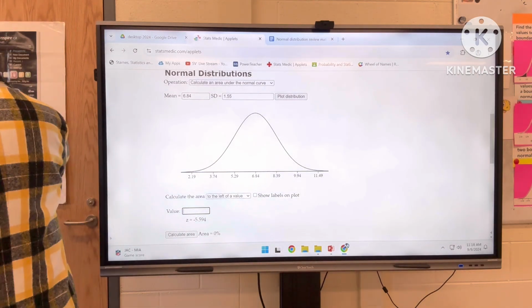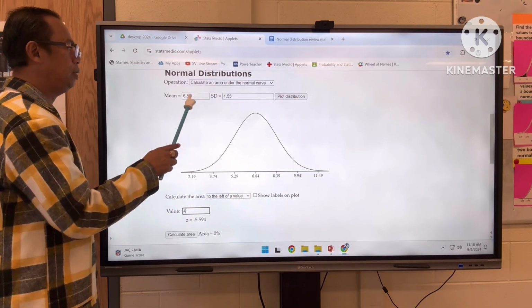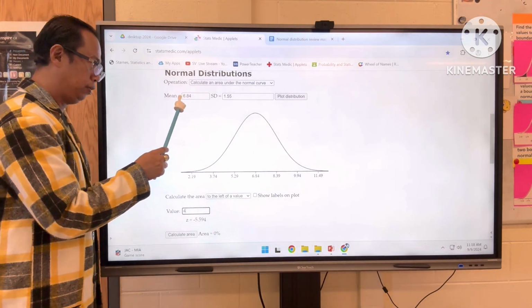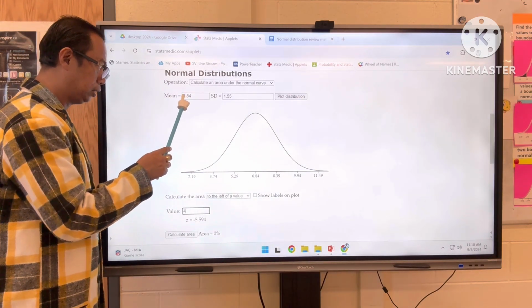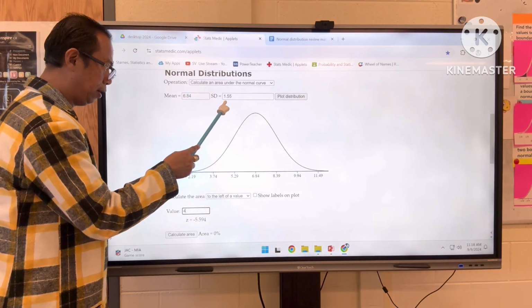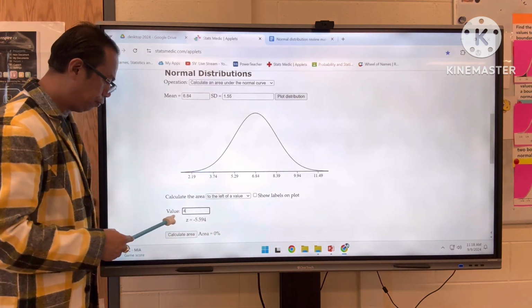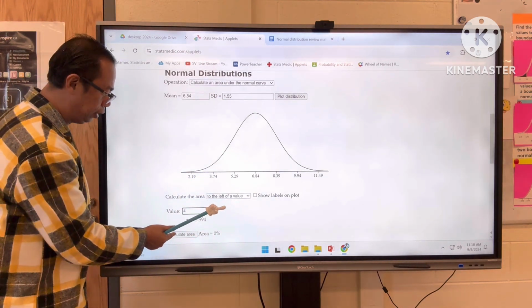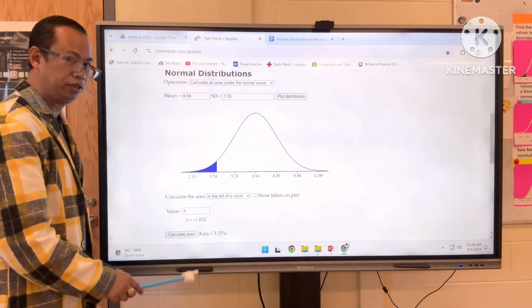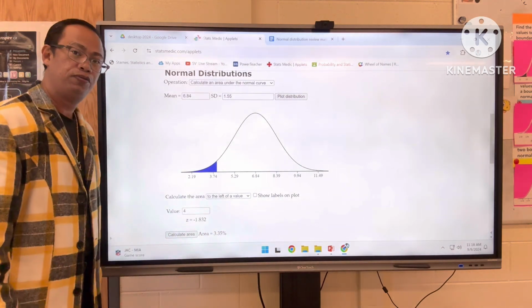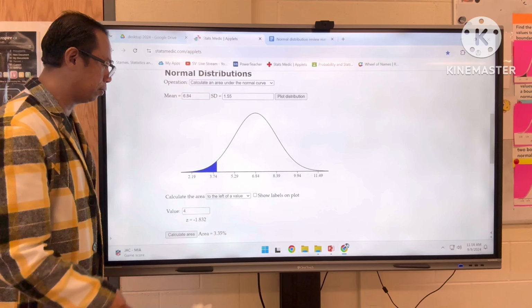So this is the value, 6.84 for the mean. This is the raw score. 1.55 for the standard deviation, the raw score. And then we got a 4 here. And then if you click that, it's almost the same, 3.35. There's a point of difference, no? This is a margin of error.